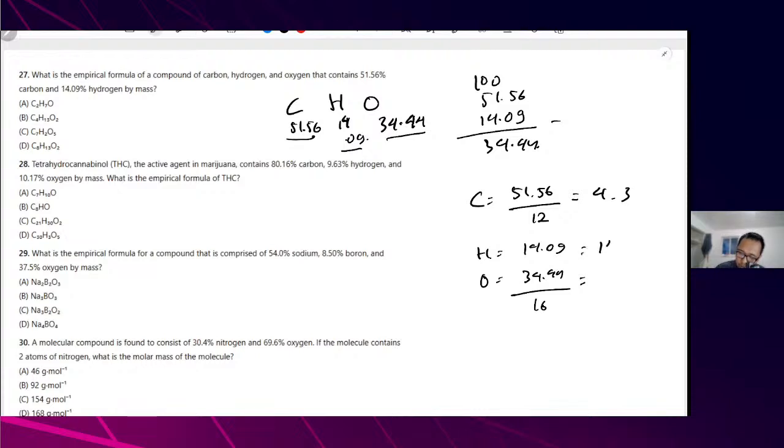And then this is 14.09. And then the last one, 34.44 divided by 16 is 2.15.